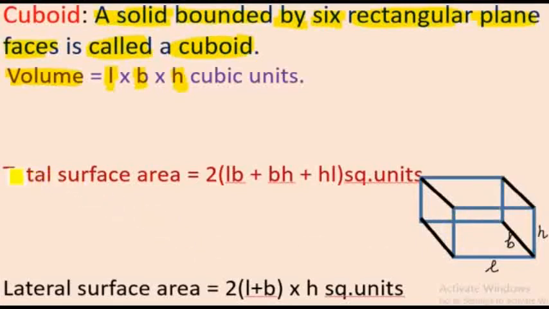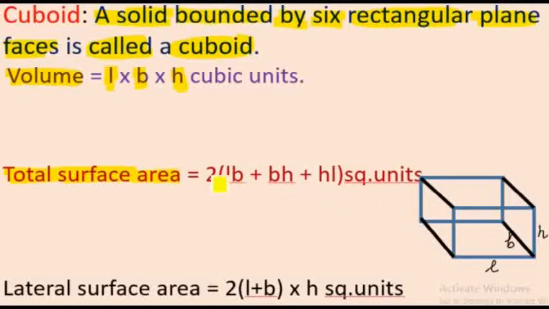The next formula is total surface area, which we call TSA. TSA means here the total faces are 6 faces and all these faces are in the shape of a rectangle. So if we want to paint this cuboid, we are going to find the total surface area.